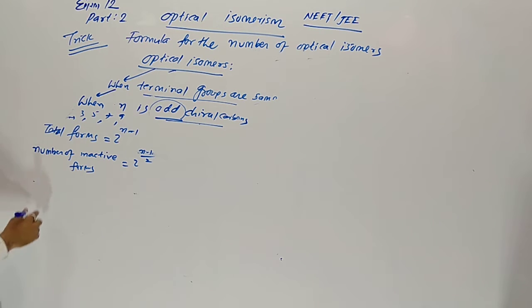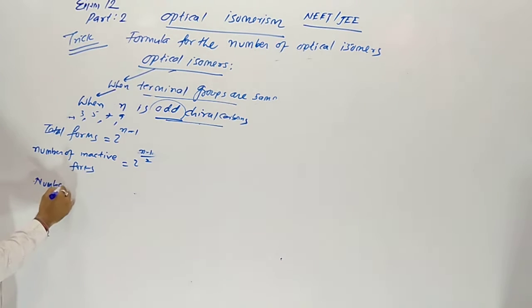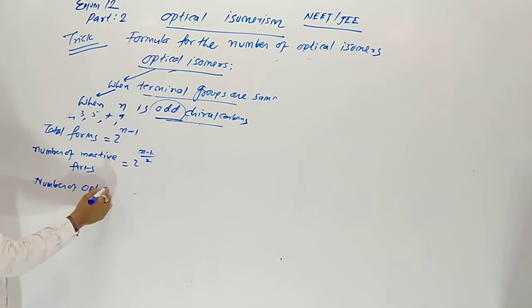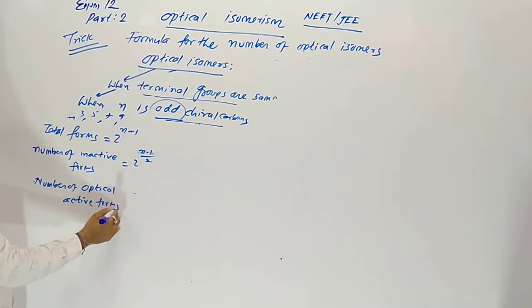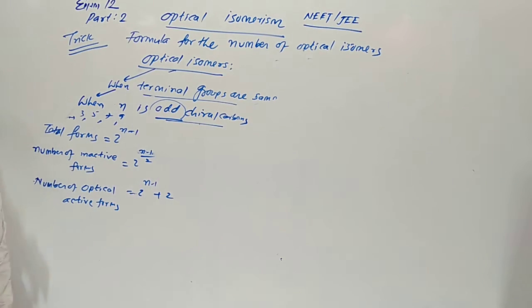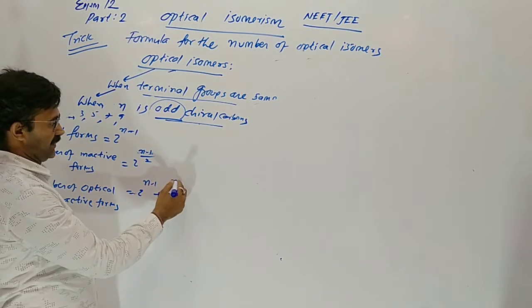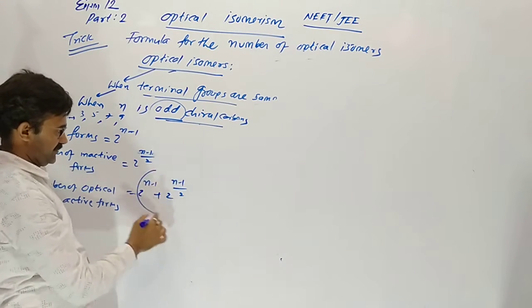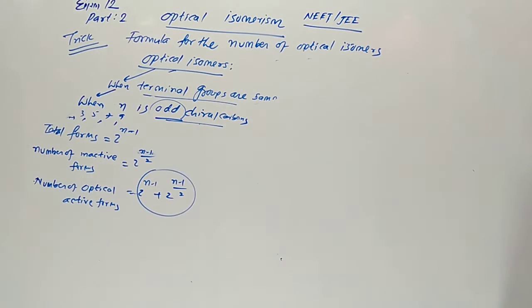Now the number of optically active isomers is 2 raised to n minus 1 plus 2 raised to n minus 1 by 2, which gives the optically active isomers.